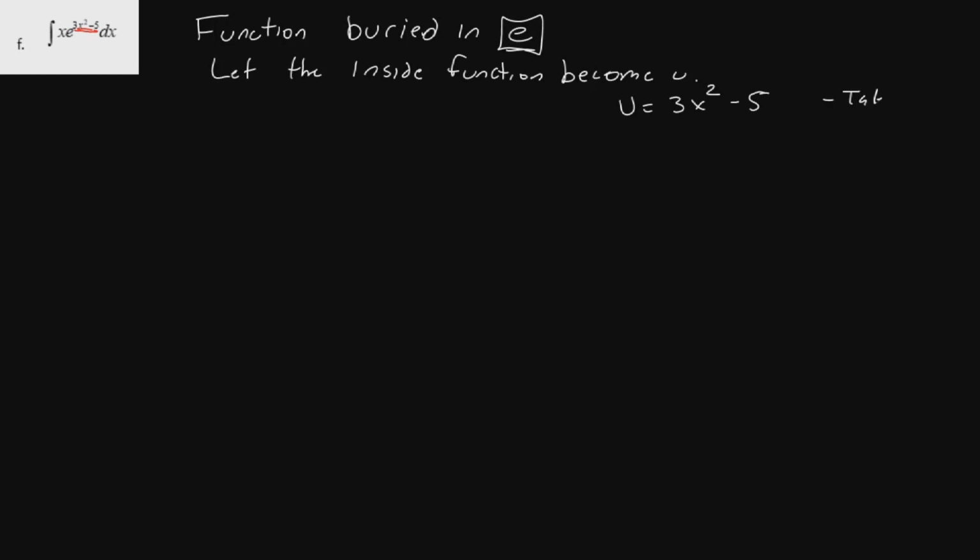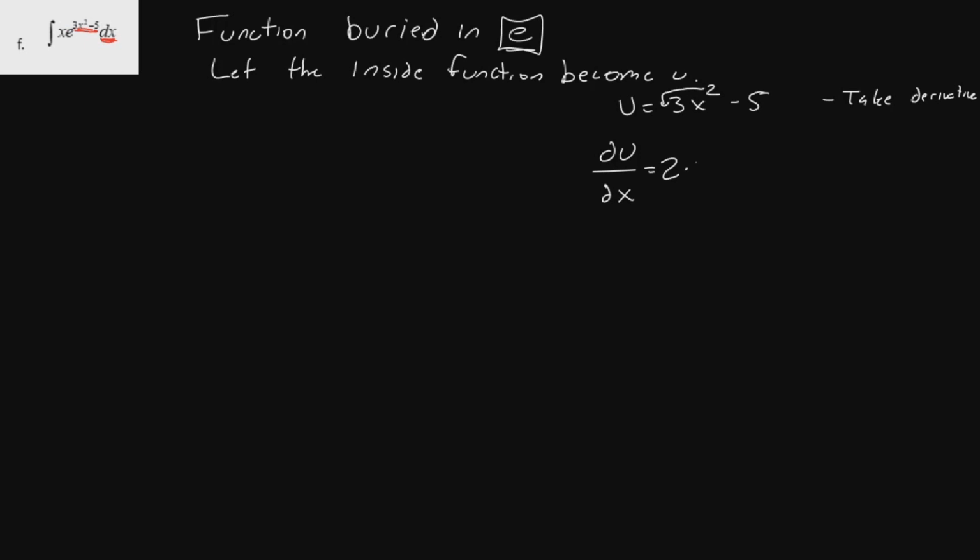As usual, we want to take the derivative of this. We need to keep in mind that we are eventually going to replace that dx. So we have to find what dx is. So we take the derivative of u, du dx. For the derivative of 3x squared, we take the 2 and bring it down.